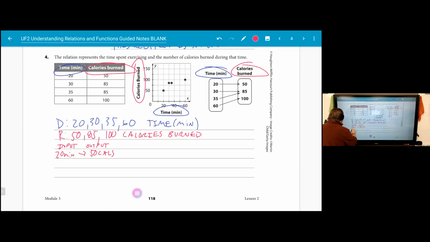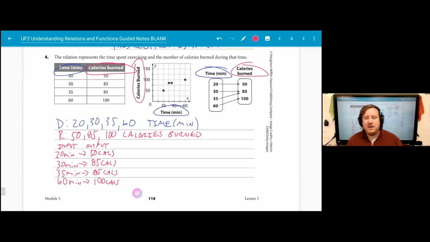If I input 30 minutes, my output is 85 calories. If I input 35 minutes, my output is 85 calories. If I input 60 minutes, my output is 100 calories.